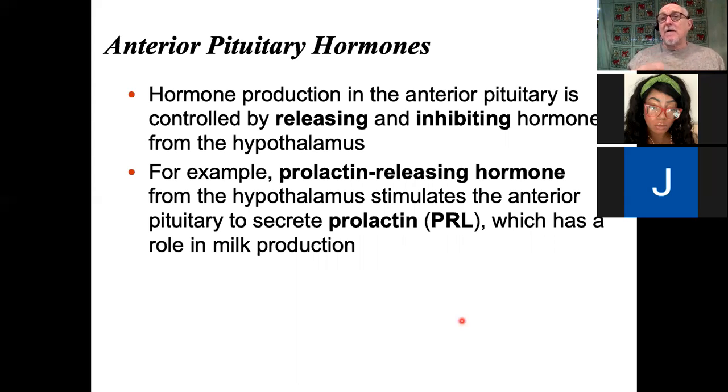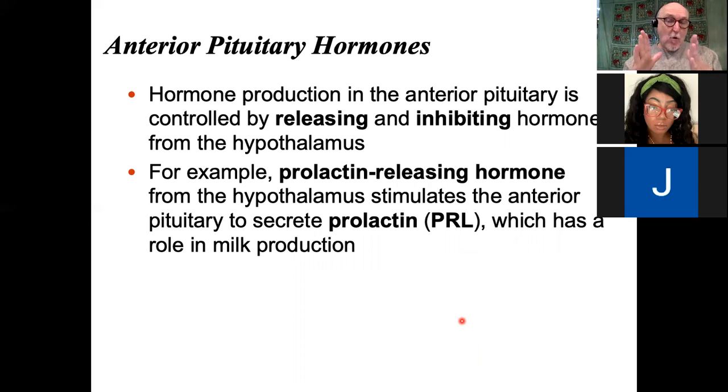The first is that very often the hypothalamus is going to release hormones, which are called releasing hormones, which cause the pituitary, for example, to then produce another hormone. But the hypothalamus can also release inhibiting hormones, which shut the systems down.